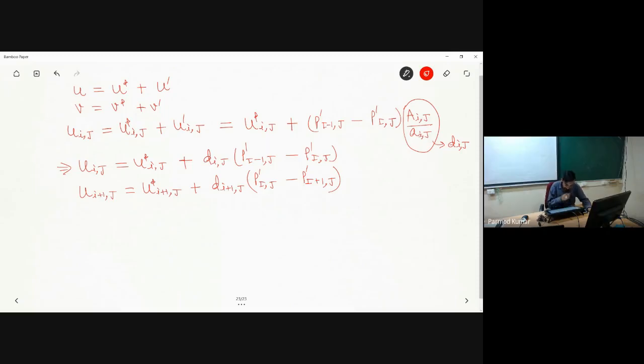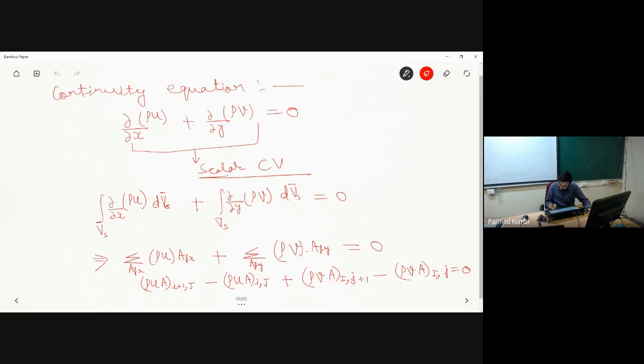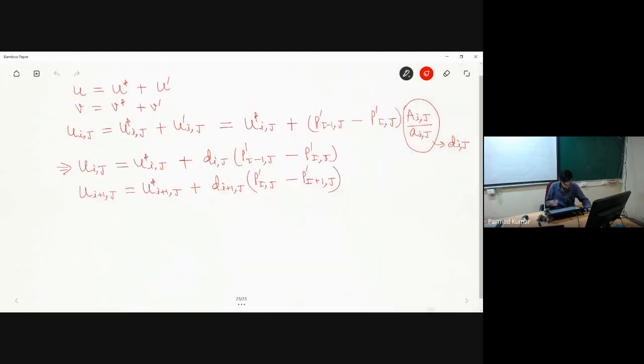Now let us find the components of velocity at points capital I comma j plus 1 and capital I comma j, the vertical components. So v at point capital I comma small j will be equal to v star at point capital I comma small j plus, let us consider that coefficient, d at point capital I comma small j.